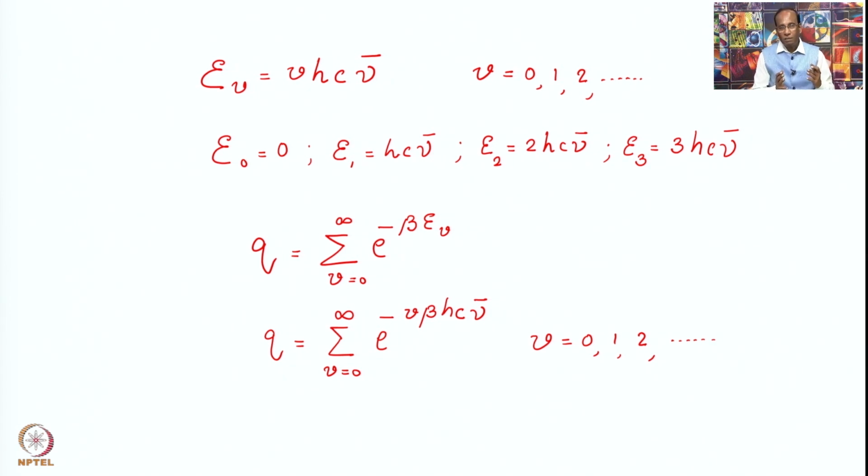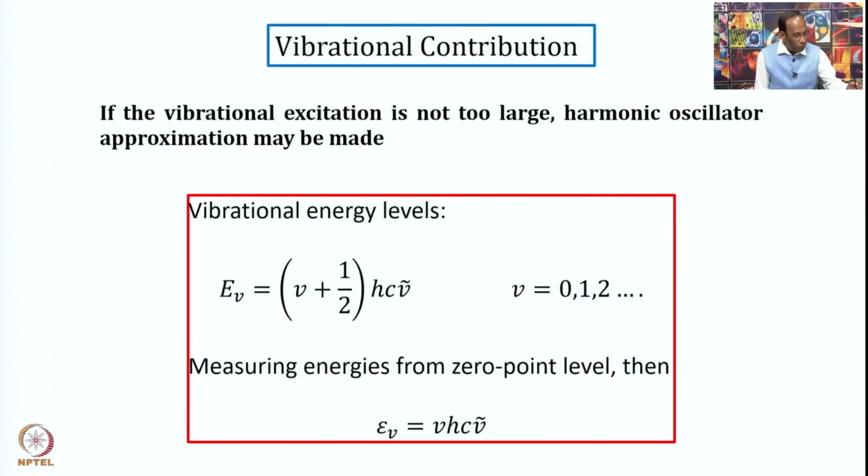when we were discussing the expressions for U, G and H, there was always U0, G0, H0. If the vibrational excitation is not too large, then the harmonic oscillator approximation may be made.